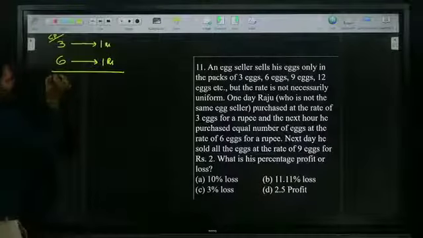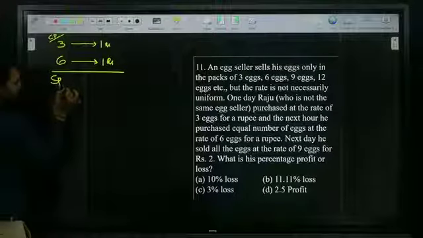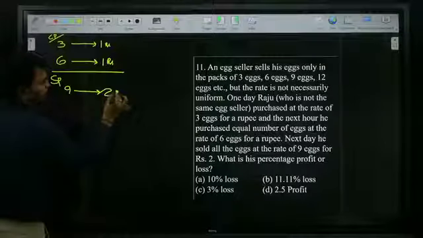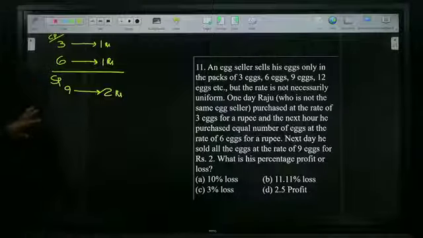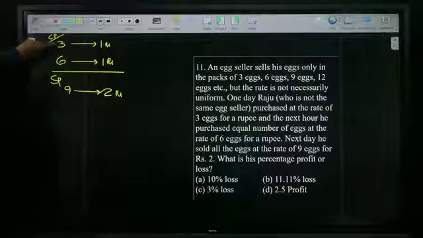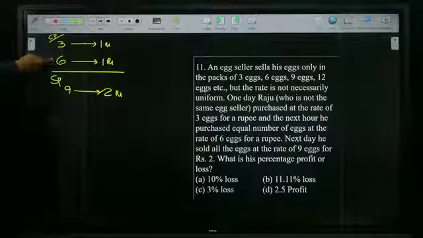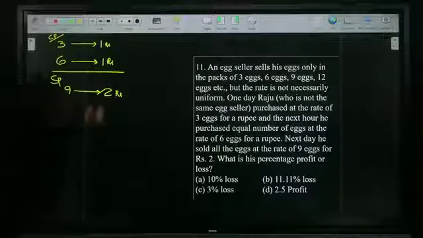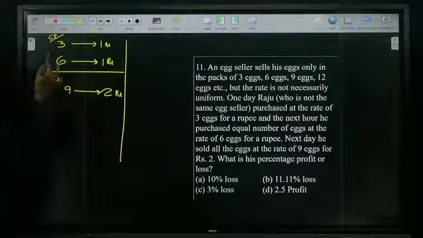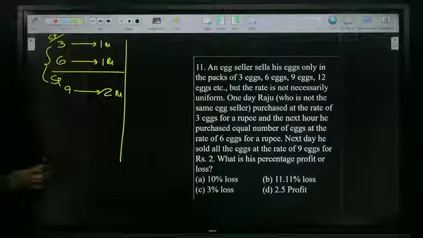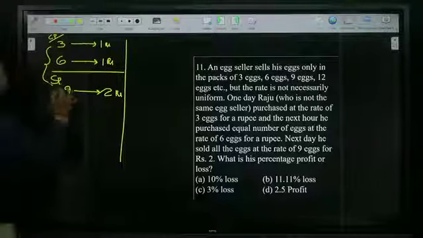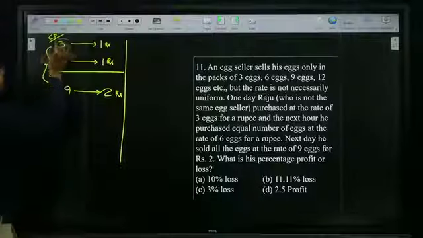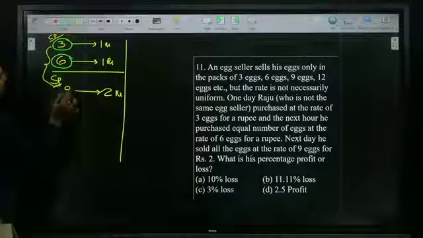In SP, he is selling 9x for 2 rupees. But in the first market, they're purchasing 3, second market, they're purchasing 6. But I need in both the markets to purchase the same. That is the reason I go for the LCM of these 3, in order to equalize the number.